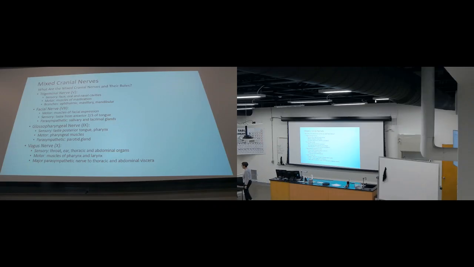nerves, and then we have the mixed cranial nerves like trigeminal or cranial nerve number 5. It has 3 branches, ophthalmic, maxillary, and mandibular. The sensory will innervate the face, oral, and nasal cavities.